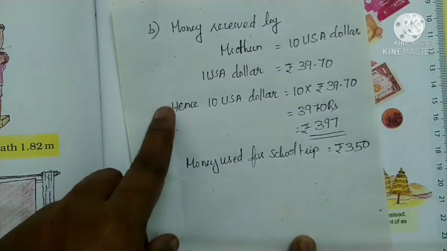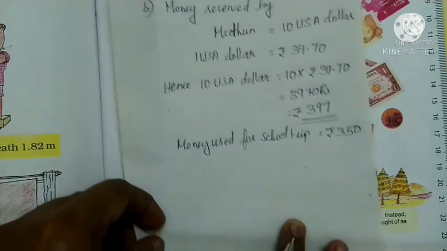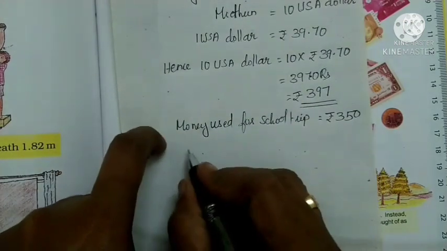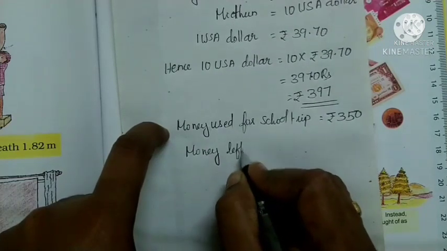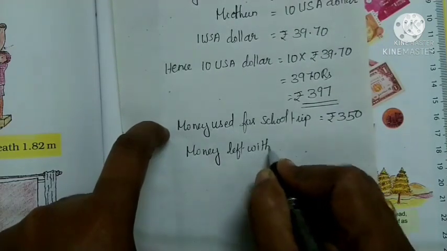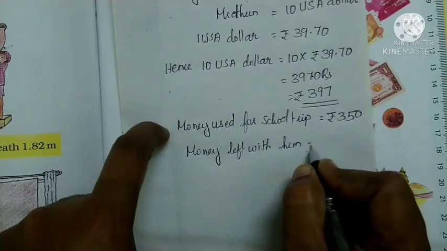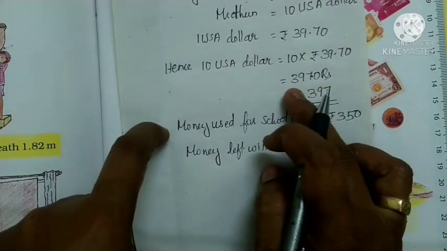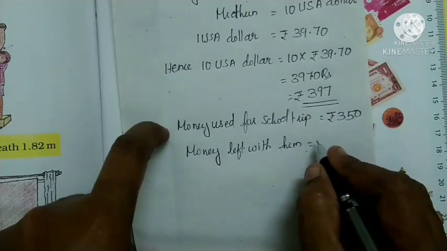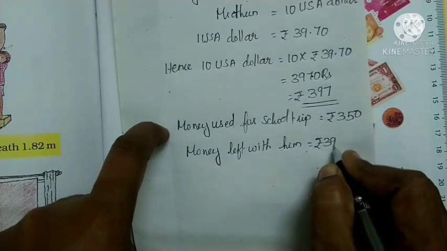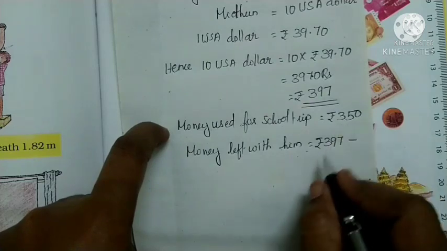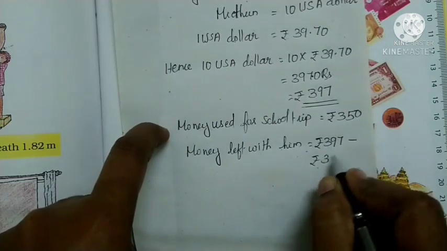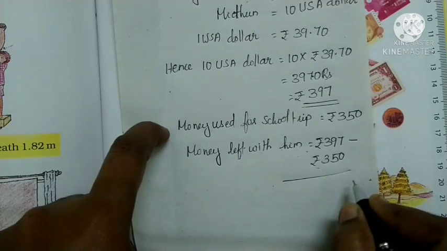350. So next what do we have to find out? Yes, money left with him. So first we write the money he had, that is rupees 397, minus money he used, that is rupees 350.